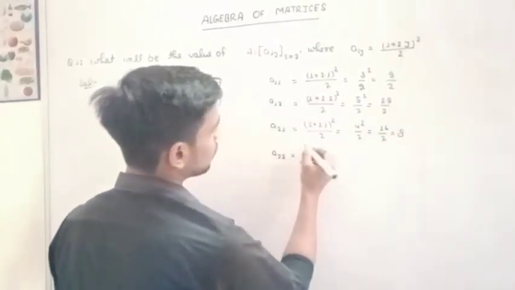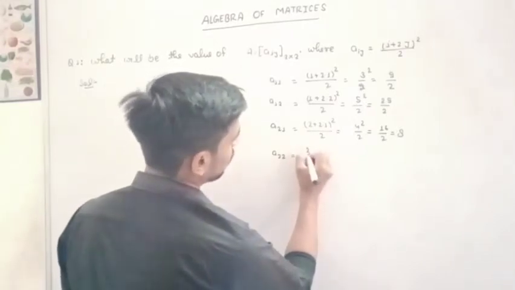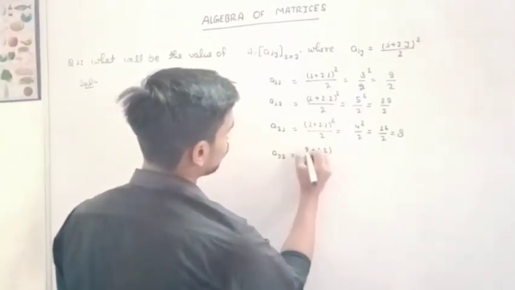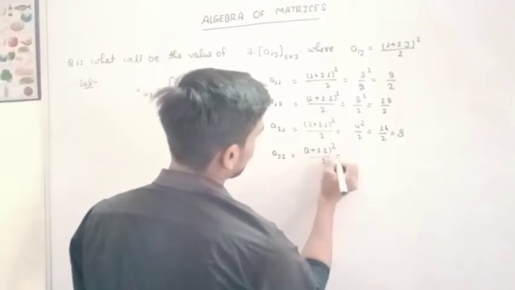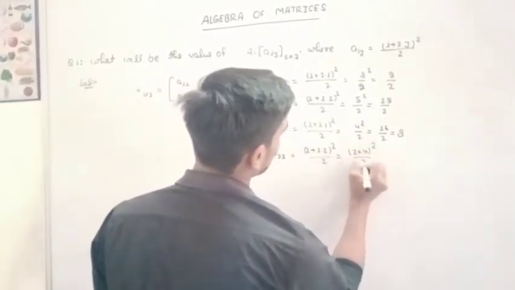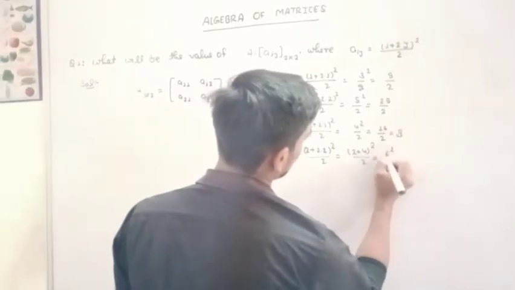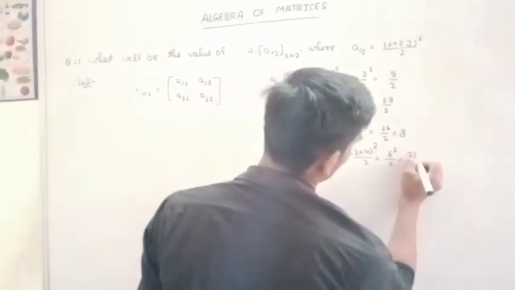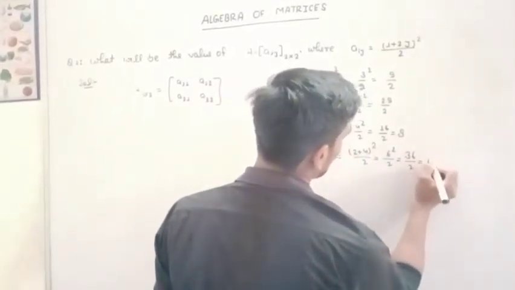Next one, i is equal to 2, j is equal to 2: (2 + 4) whole square upon 2 will be 6 whole square upon 2, or it may be written as 36 upon 2, or 18.